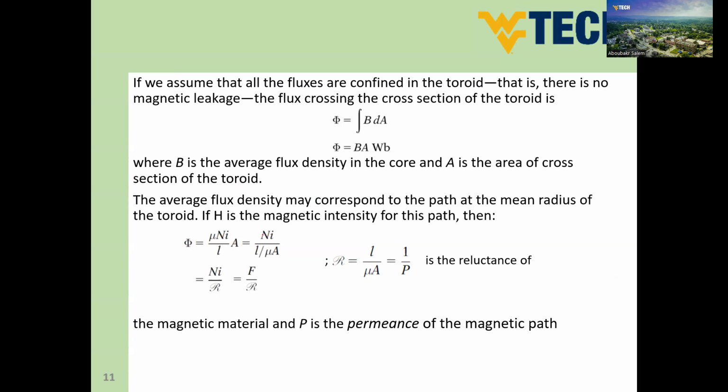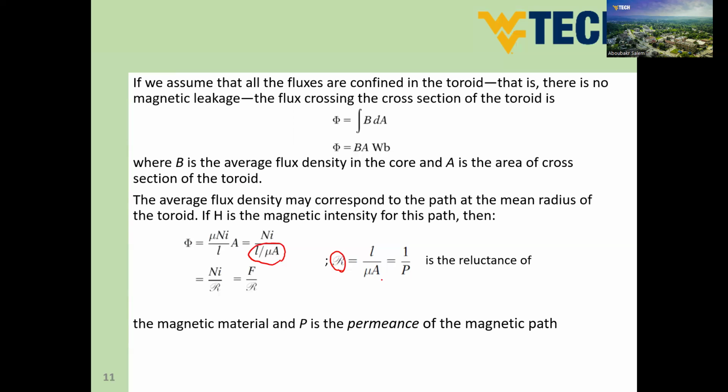So it's N times I, and we move the permeability and cross-section area down, so it will be L divided by mu A. Now we can define another variable from L divided by mu A, which is the magnetic reluctance. So the magnetic reluctance of a magnetic material is L divided by mu A. L is the average length of the magnetic path, mu is the permeability of the magnetic material, and A is the cross-section area of the magnetic material.